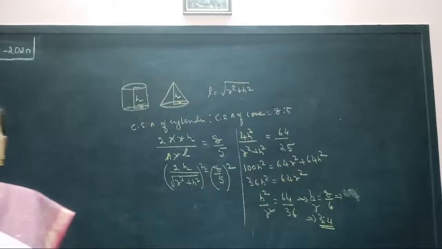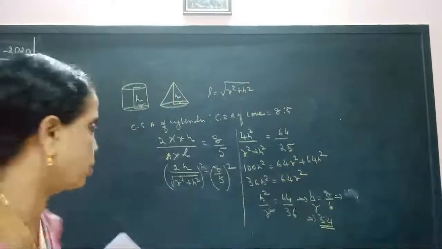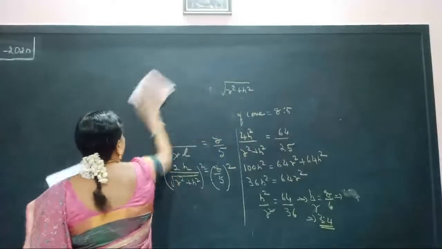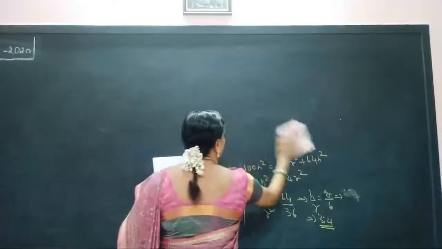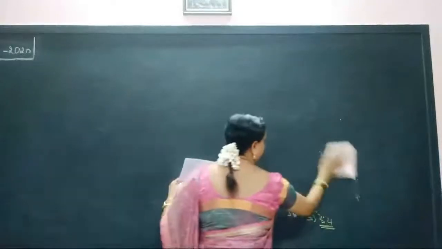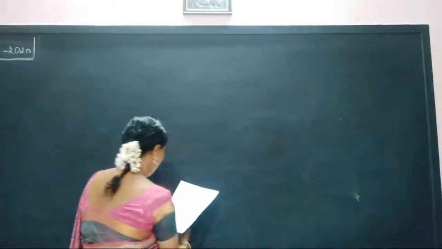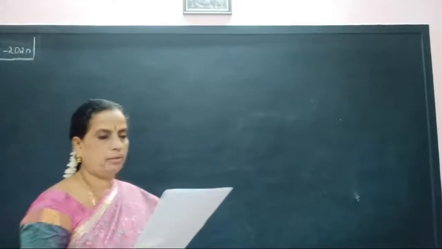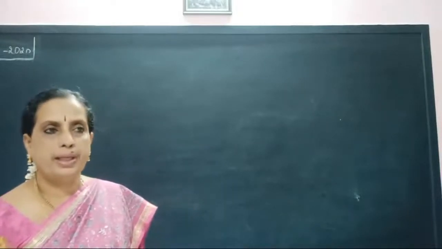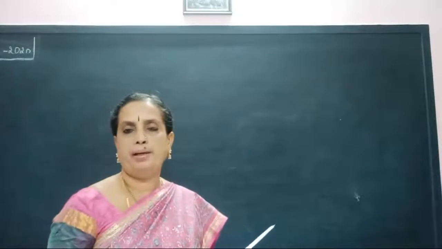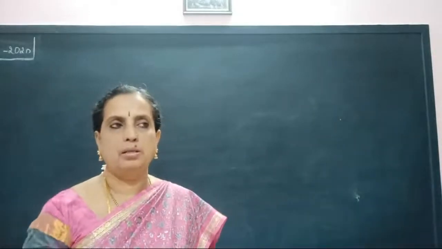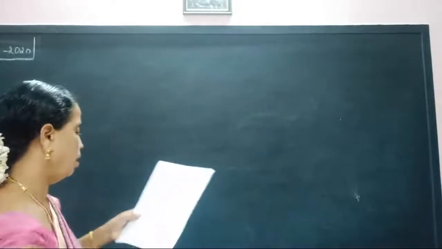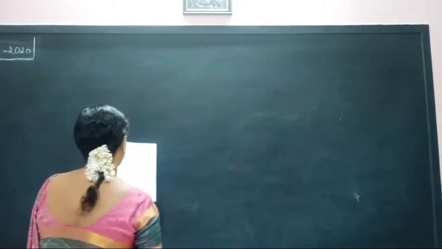Is that clear, children? I will proceed to the next question. A bus stop is barricaded from the remaining part of the road. I think you might have seen. It might be barricaded with rectangle bars or conical shape barricades, which are prepared by recycling cardboard.